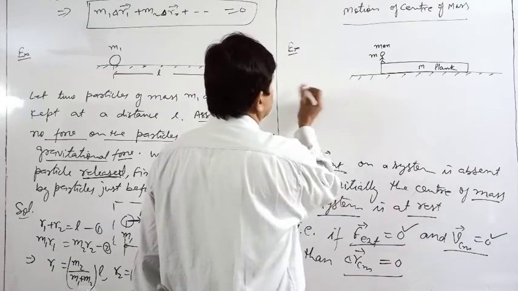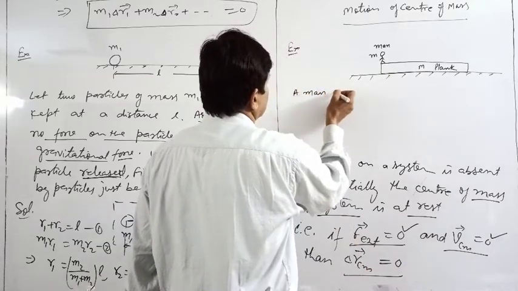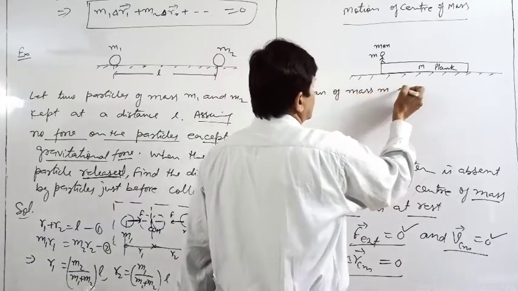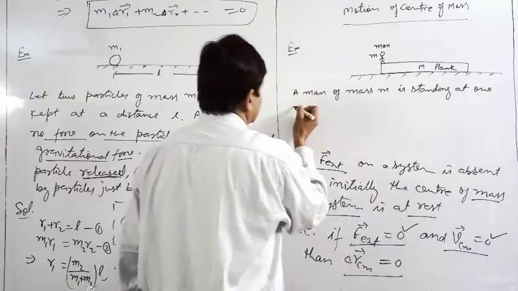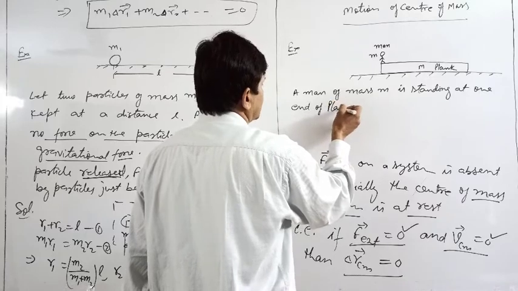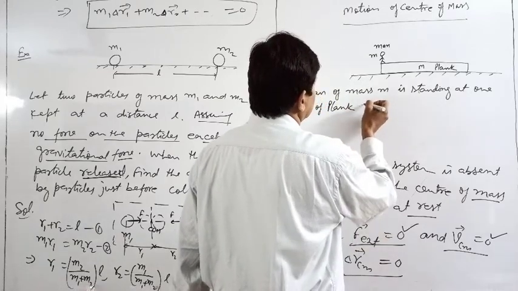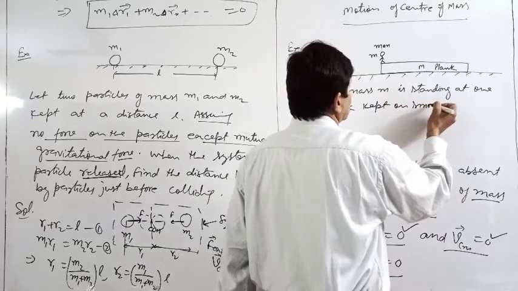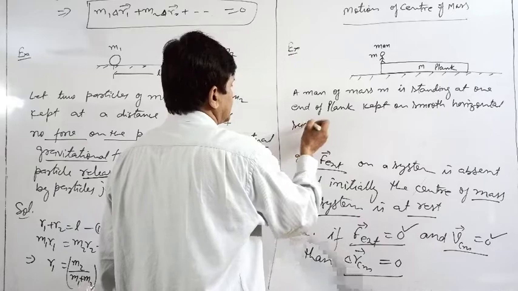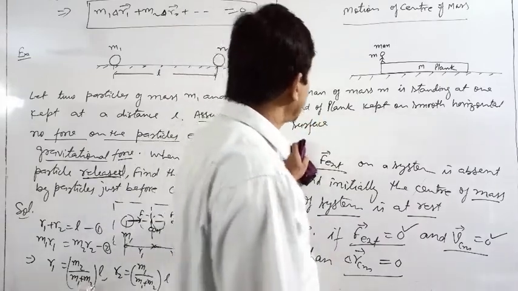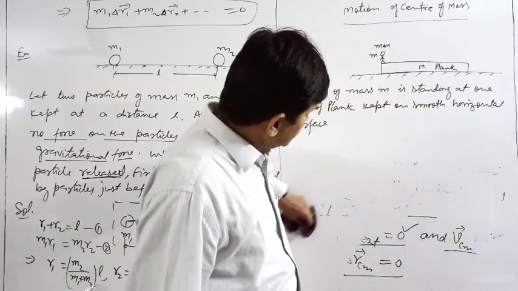The question is this: a man of mass m is standing at one end of a plank kept on a smooth horizontal surface.